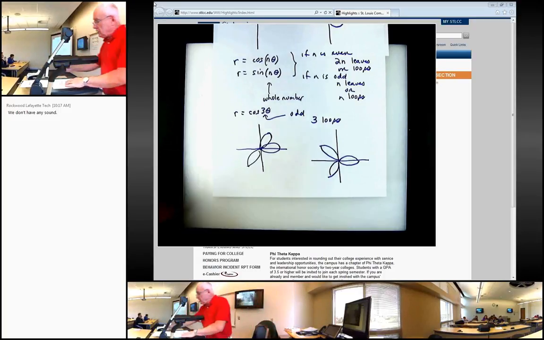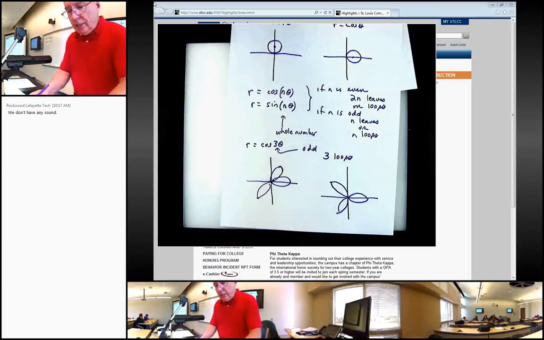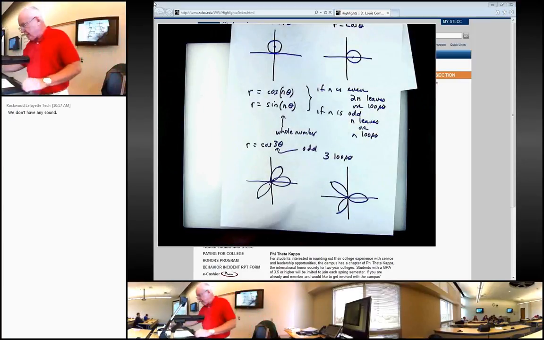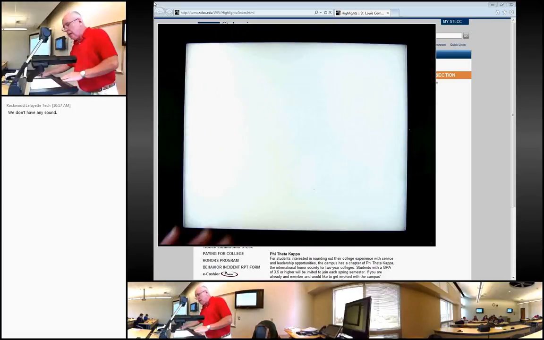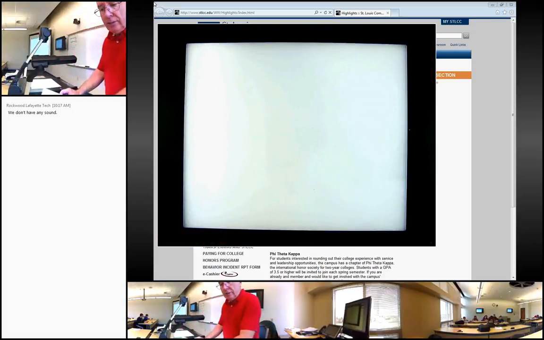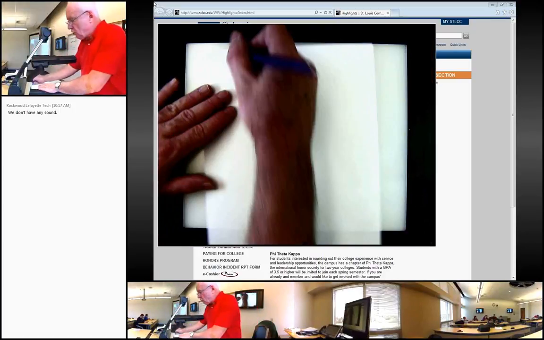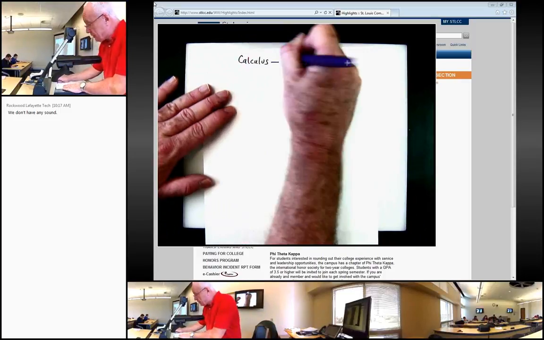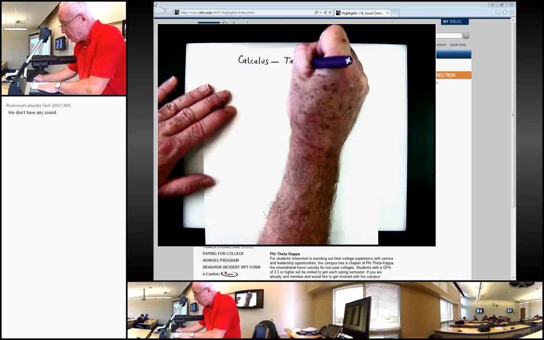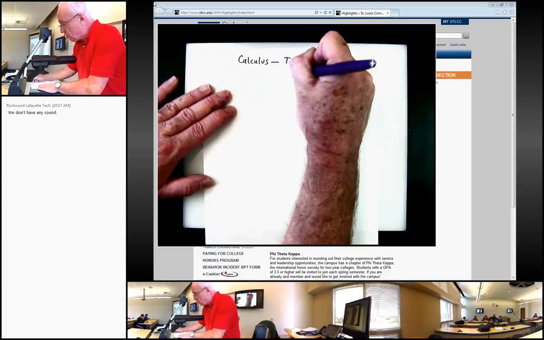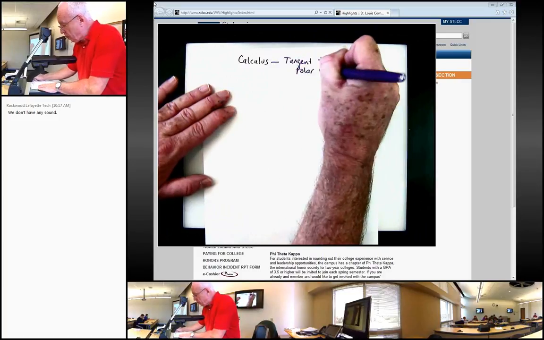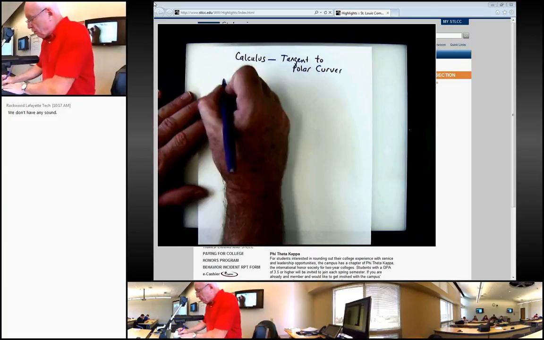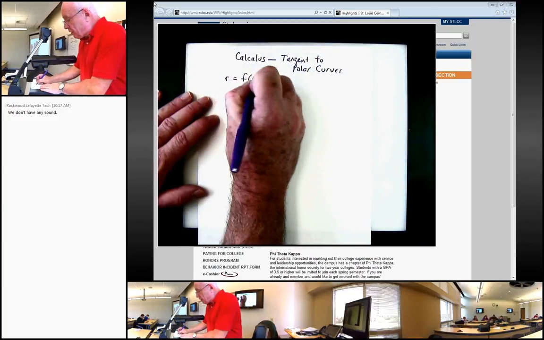All right. Let's then go to looking at tangents of these. So let's finally get to some calculus stuff. Let's look at the tangents to these polar curves. Now, a polar curve is something like r equals a function of theta.